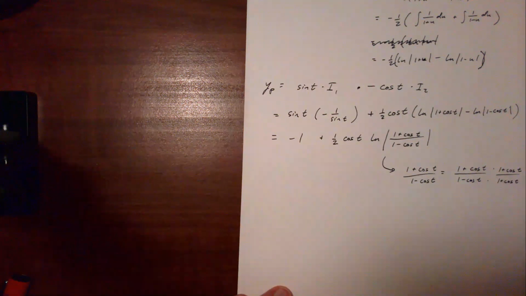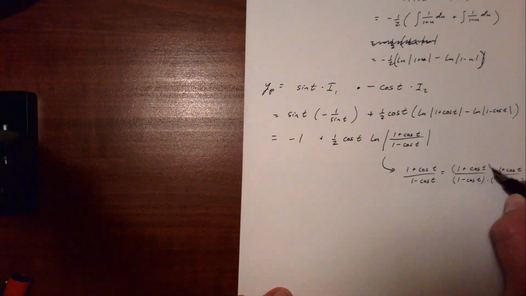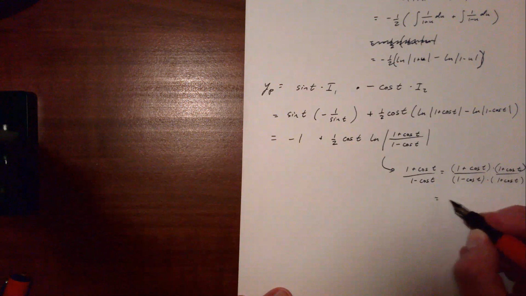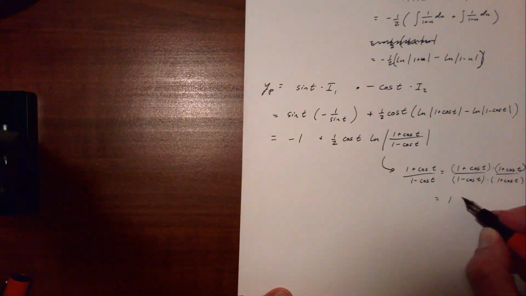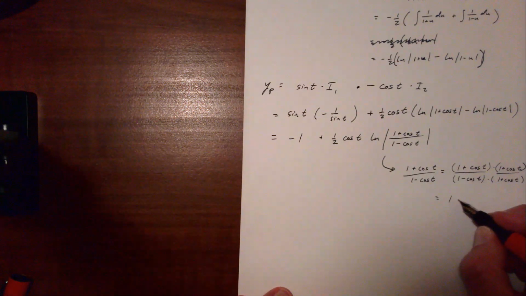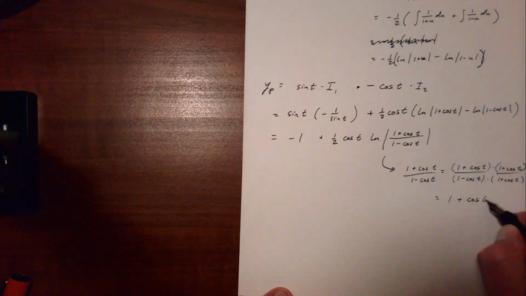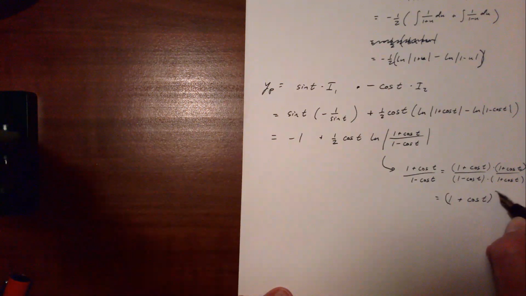then what we would get is, on the top, we'll have 1 plus cosine t, 2 copies of it, so it's squared.